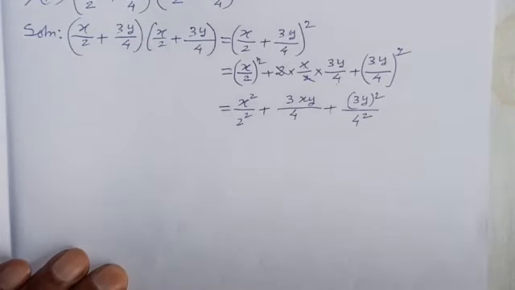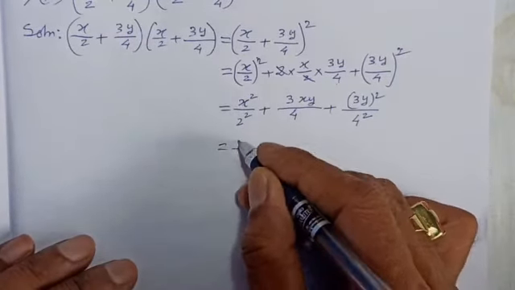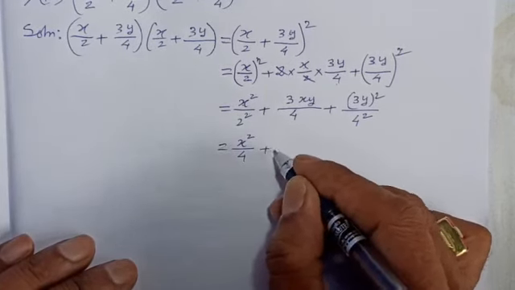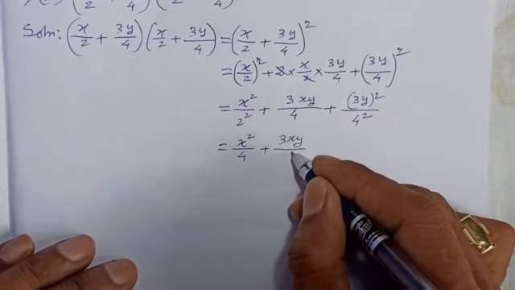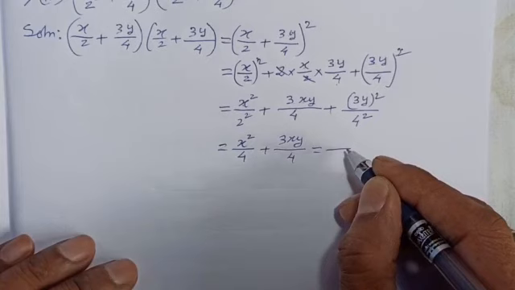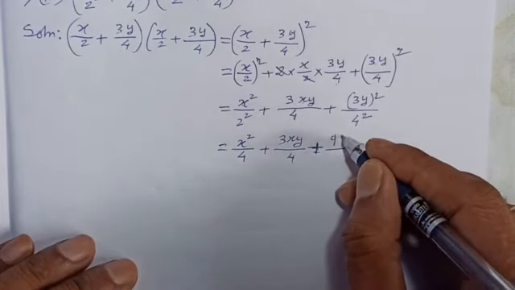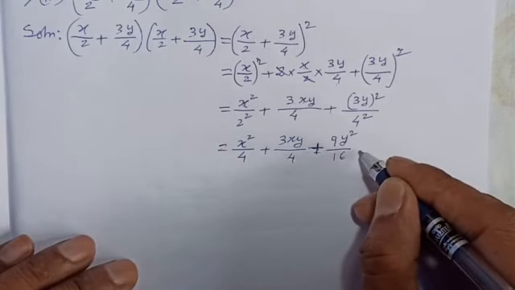Understand or not? Next is x square, 2 square is 2 into 2, that is 4, plus 3xy over 4. Next is 3 square, that is 9, y square, 4 square is 4 into 4, that is 16. Here, this is the answer.